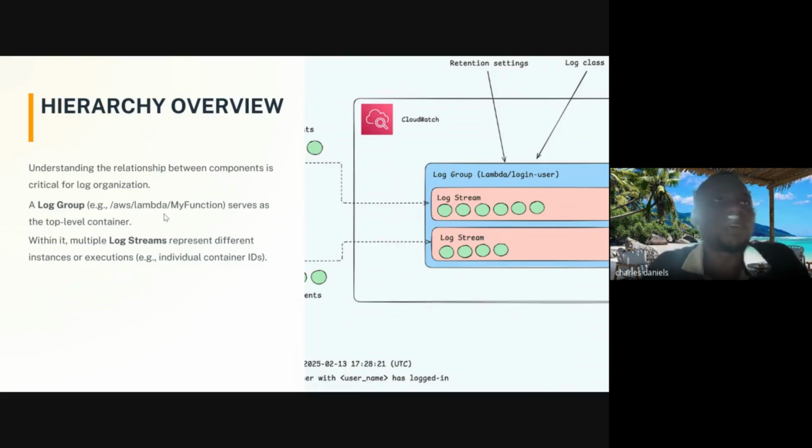The log group is the cabinet, the log stream is the folder that collects the individual documents, and the individual document is likened to the log event. So you can see the hierarchy: the log group is the cabinet, the log stream is the folder, and inside the folder you have the log events, where the individual activities of the AWS resources are stored.